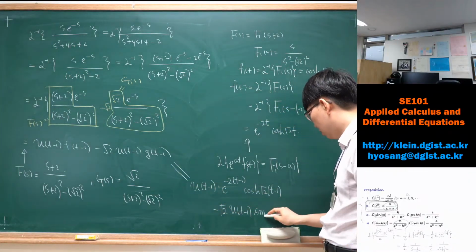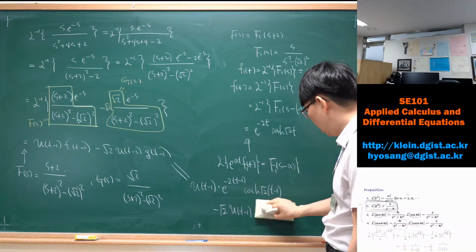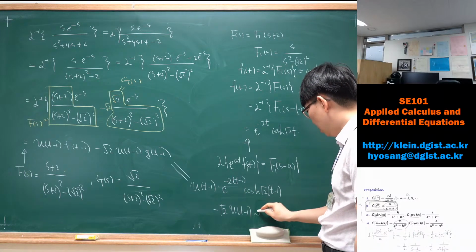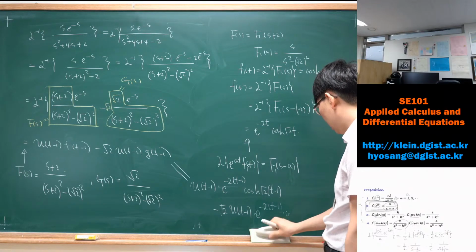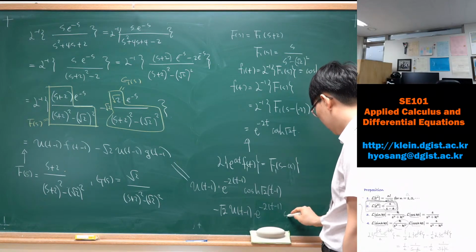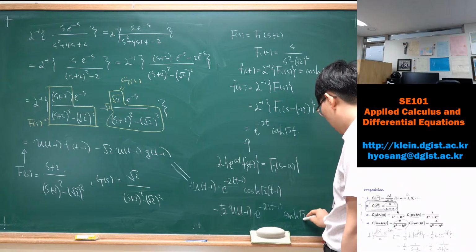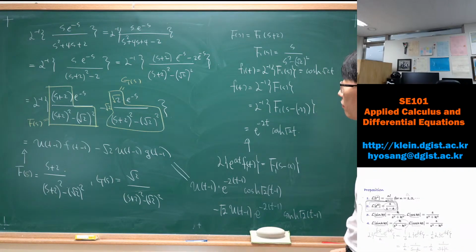So we have the same thing with the sine: e to the negative 2 (t minus 1) sinh of square root of 2 (t minus 1). So it's not simple, right?